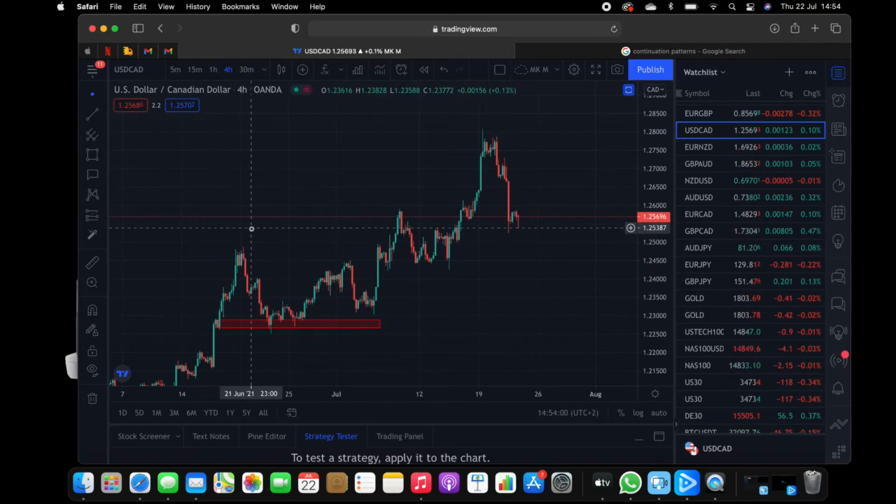After shooting up, it had to come back and retest, then continued to go up. So it's a rally, a brief pause in price, then it goes up again, comes back, retests it and continues going up. So that's on US dollar and Canadian dollar.